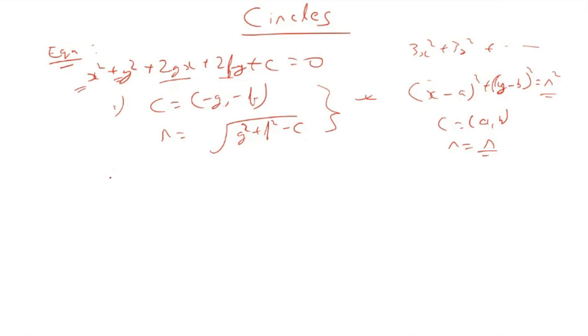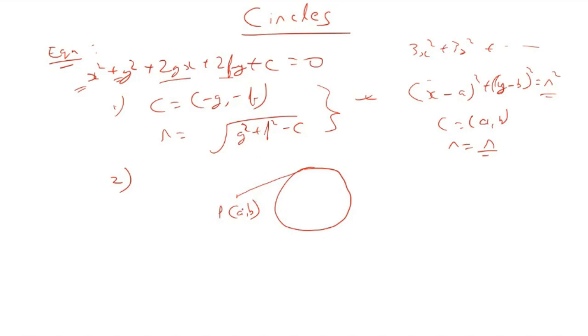The second application of this equation: suppose you're given the equation of a circle like this, and there is a point P outside, a comma b, for example, and a tangent is drawn from this external point P. Obviously, we know that from every external point there can be only two tangents drawn to a circle. So one would be this and the other would be this, and both would be equal in length.